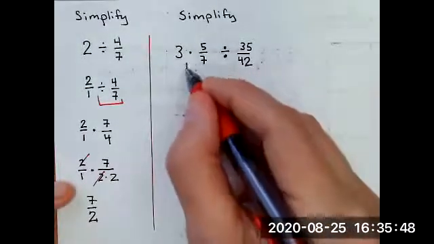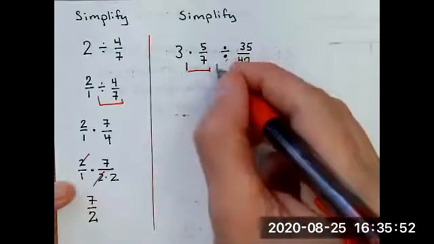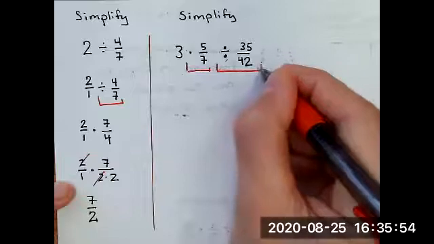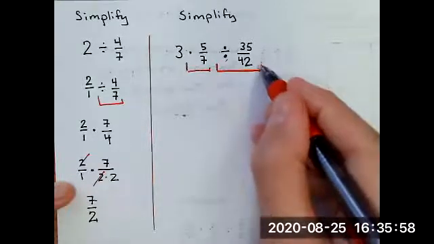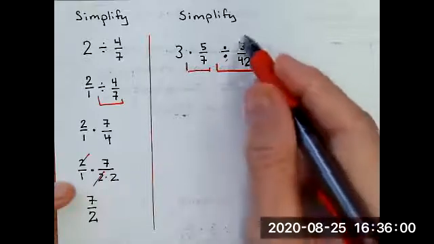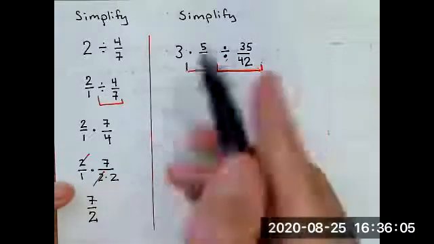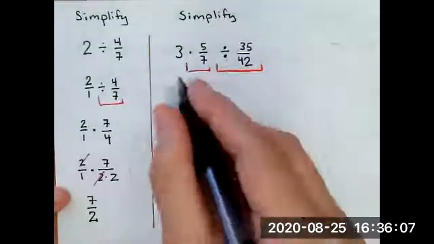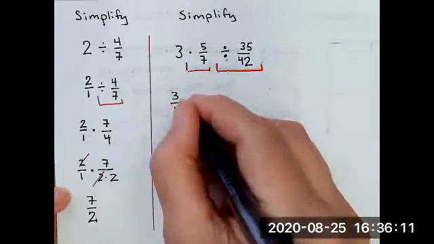So I'm multiplying by 5 over 7 and dividing by 35 over 42. And because this is the fraction I'm dividing by, that's the one I want to take the reciprocal of. 3 is a whole number, so I'm going to make that into a fraction by putting a 1 in the denominator.